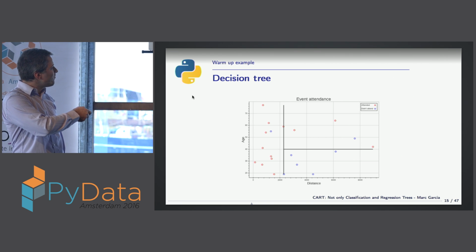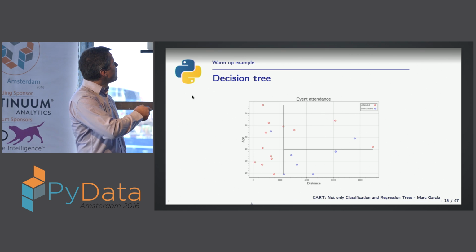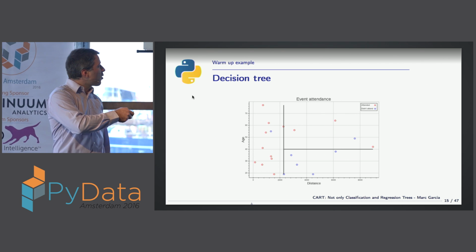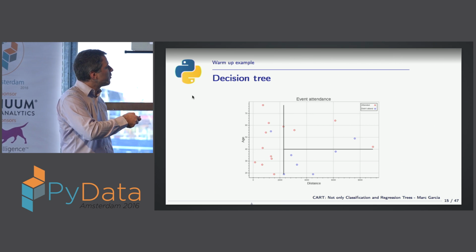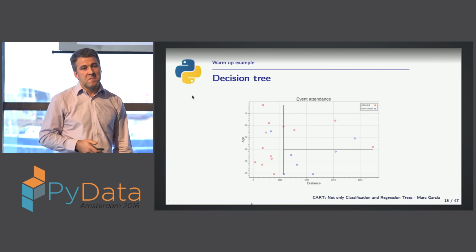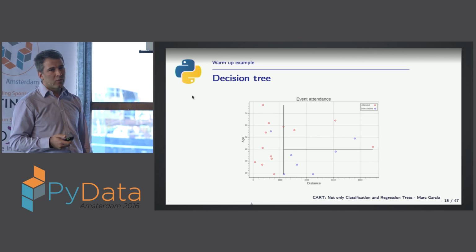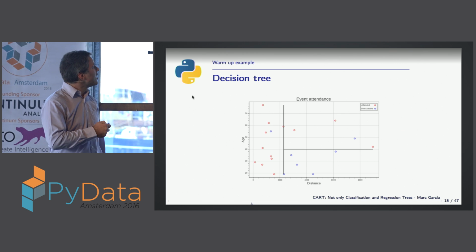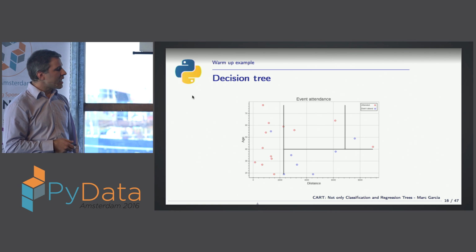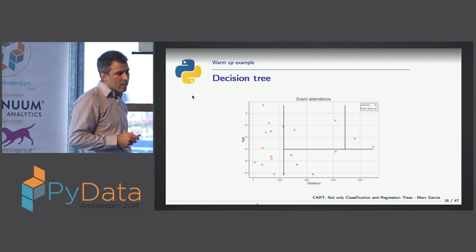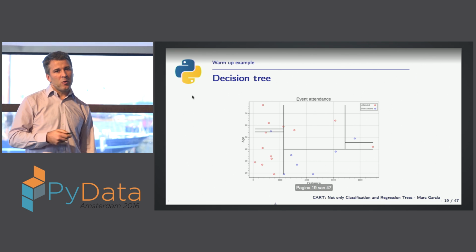People come more if they live closer than 2 kilometers, and of the people who live far away, people over 40 are coming more than people under 40. That could make kind of sense. Maybe people over 40 are more likely to have a car, whatever. So the decision tree would still go on, splitting all our data, and splitting, and splitting more.